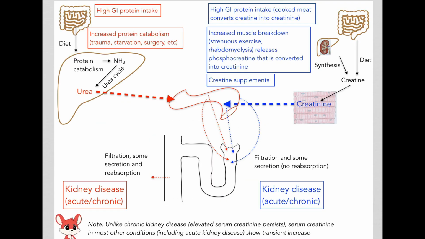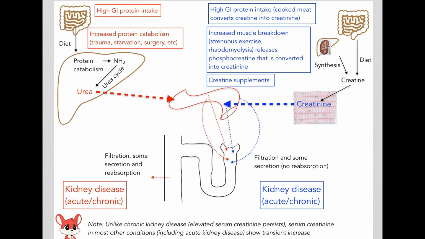Clinically, the most important reason why blood creatinine increases is decreased output. There is less elimination of creatinine from the body, and that's because of either acute or chronic disease. And that's basically the same for BUN.